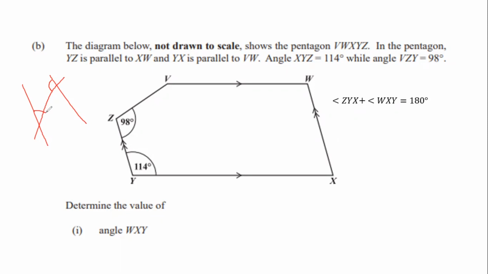That is the premise of what we're looking at. These are the parallel lines here, and this is the transversal that cuts them. So these two add up to 180 degrees.